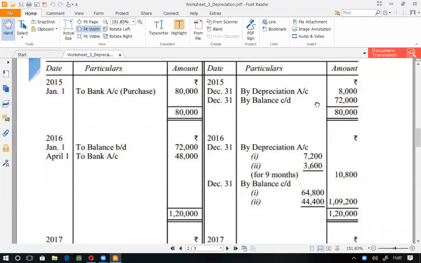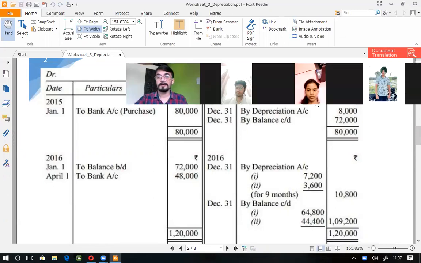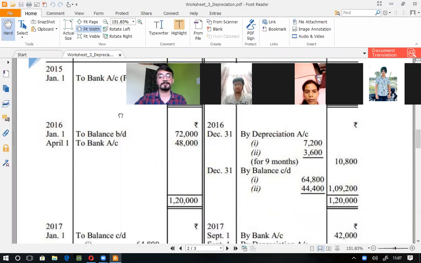Now next year will commence from which date? Jan 1, 2017, because the year ended on 31 December 2016. So the next accounting year starts from 1 Jan 2017.